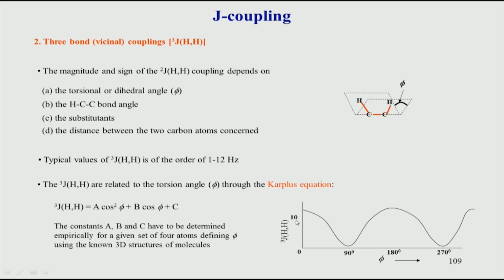So, there is always a degeneracy, which is shown here. For example, this particular J value, say 6-7 hertz, you see it has 2 or 4 possible solutions. Of course, they are related by 180-degree rotation, but you can see there are 2 possible values which will satisfy this J coupling.